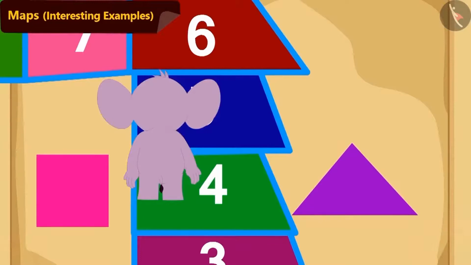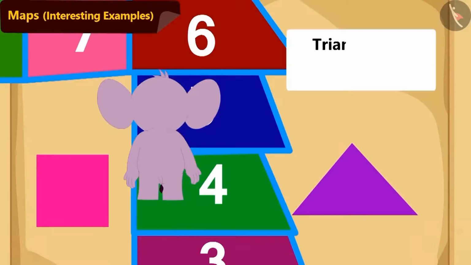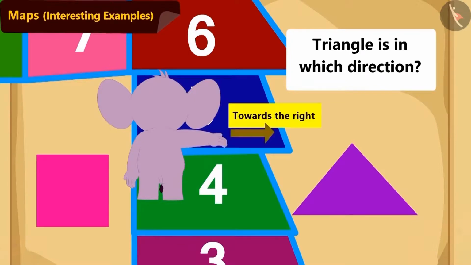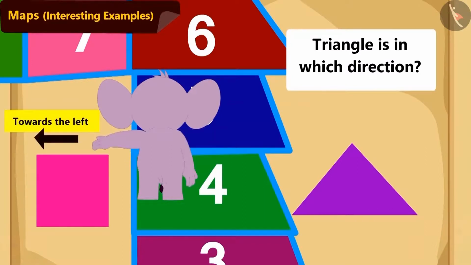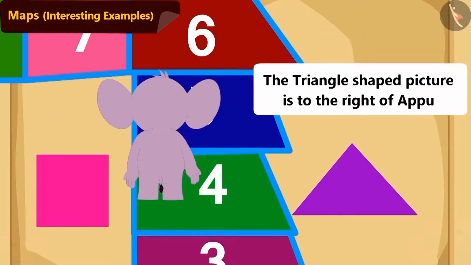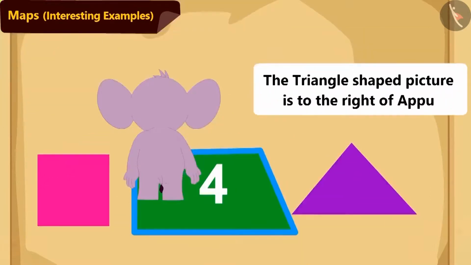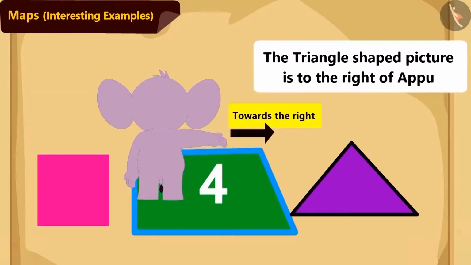Children, can you tell whether the triangular shaped picture is to Appu's right or to his left? Absolutely correct. The triangular shaped picture is at Appu's right side.